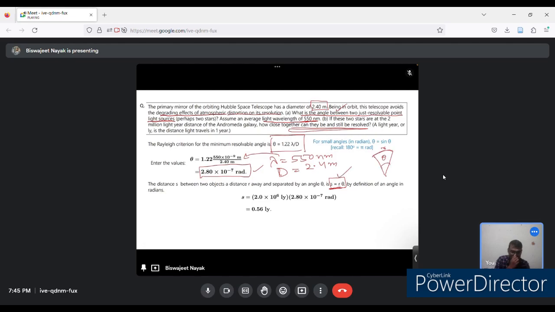So the answer, how close they can be, will be r times theta. What is r here? It is given as 2 million light years. So r is 2 million light years times the resolution which we get. They can be around 0.56 light year apart from each other, and they can still be resolved.